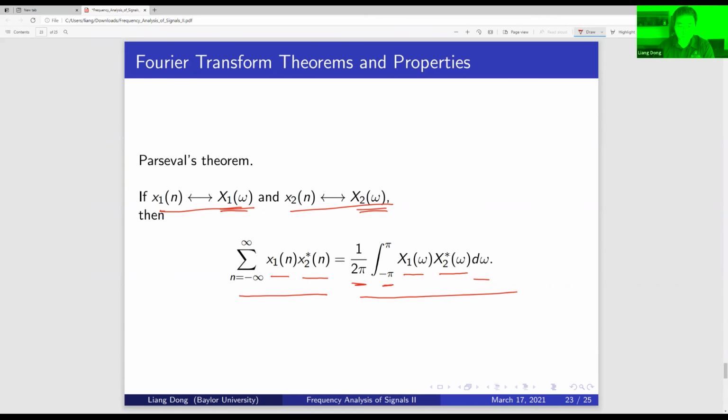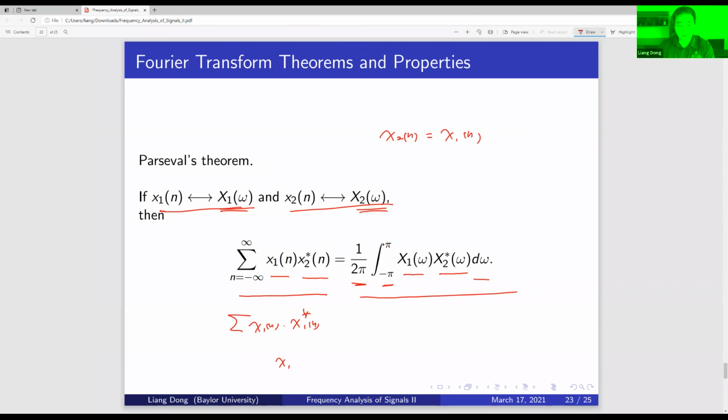That's Parseval's theorem. If you remember before, we talked about a special case when I am only dealing with one signal. Let's say x2 n equals x1 n. We are only dealing with one signal. Therefore, the left side of my equation becomes x1 n times x1 n conjugate. Now, what is this?